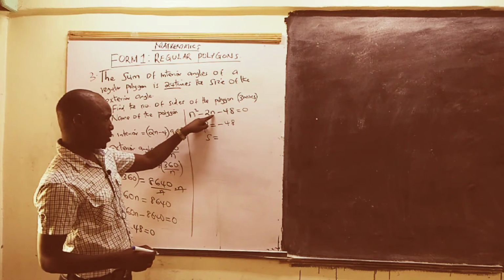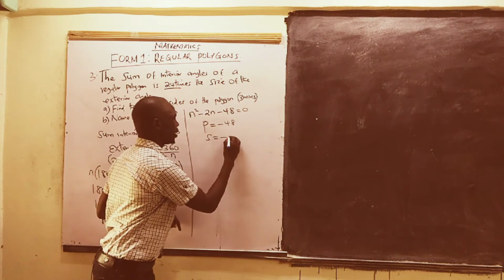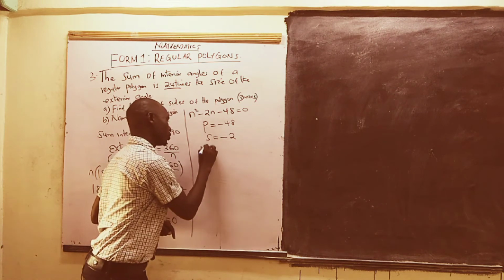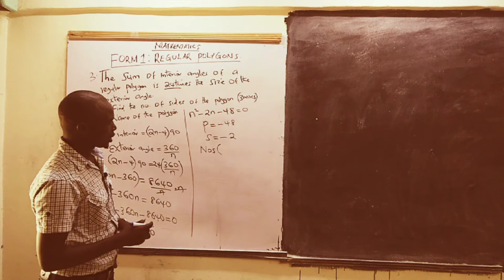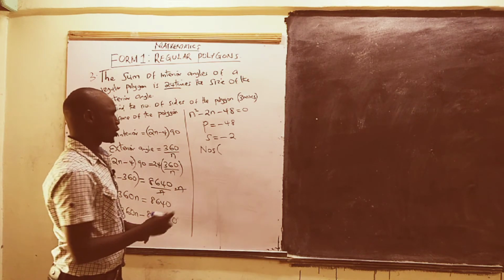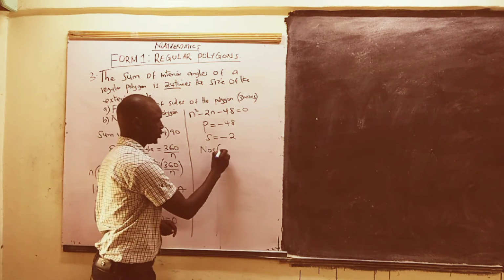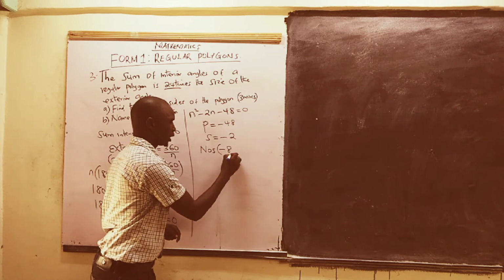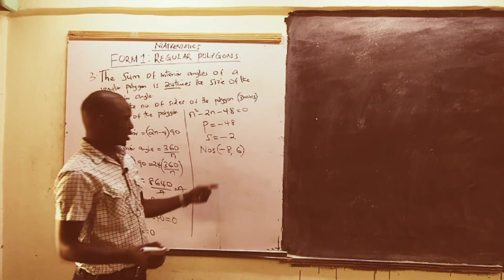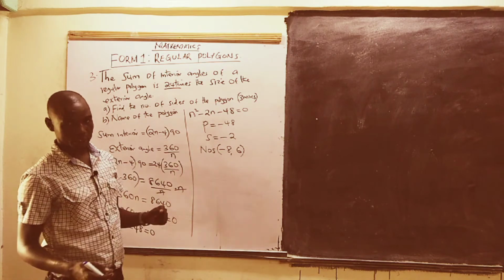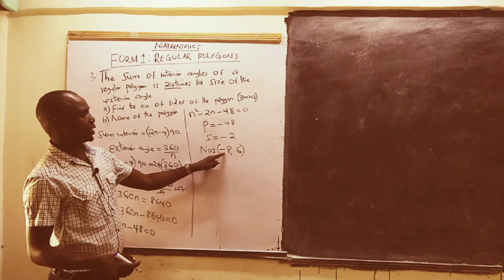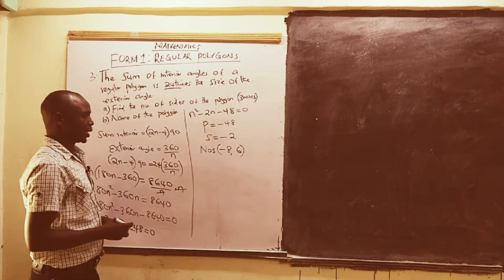In this case, our b is minus 2n, and therefore our sum is negative 2. To get the numbers whose product is negative 48, and the same numbers will give you a sum of negative 2, we are going to have negative 8 and positive 6, such that negative 8 times 6 you get minus 48, and negative 8 plus 6 you get negative 2.